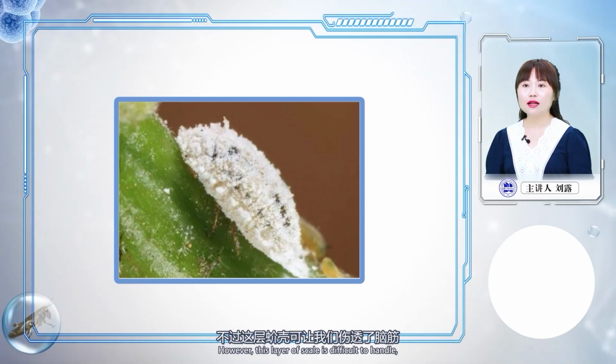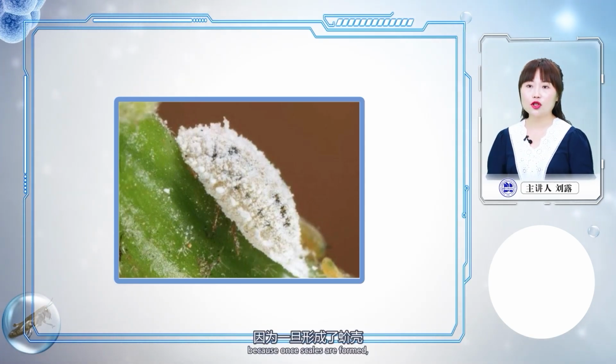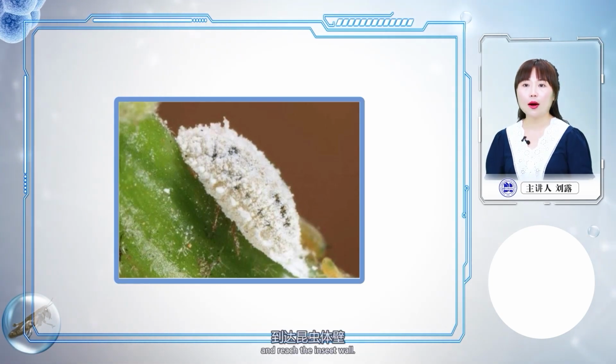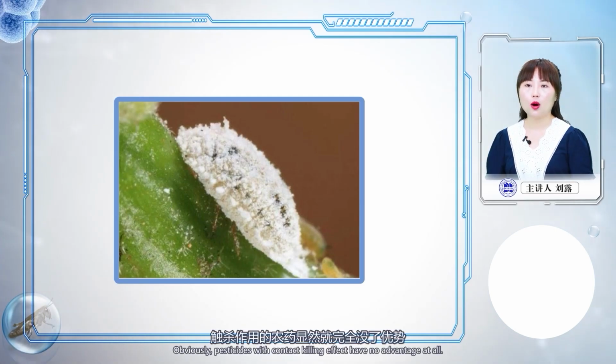However, this layer of scale is difficult to handle because once scales are formed, it will be difficult for pesticides to penetrate this layer of protection and reach the insect wall. Obviously, pesticides with contact killing effect have no advantage at all.